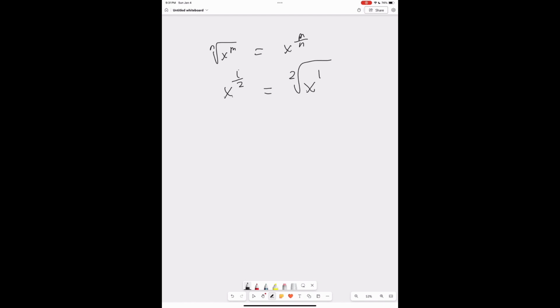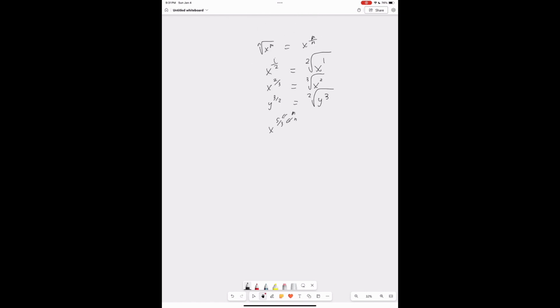If we have x to the 2 over 3, this is the same as the cube root of x squared. If we have y to the 3 over 2, this is the same as the square root of y cubed.